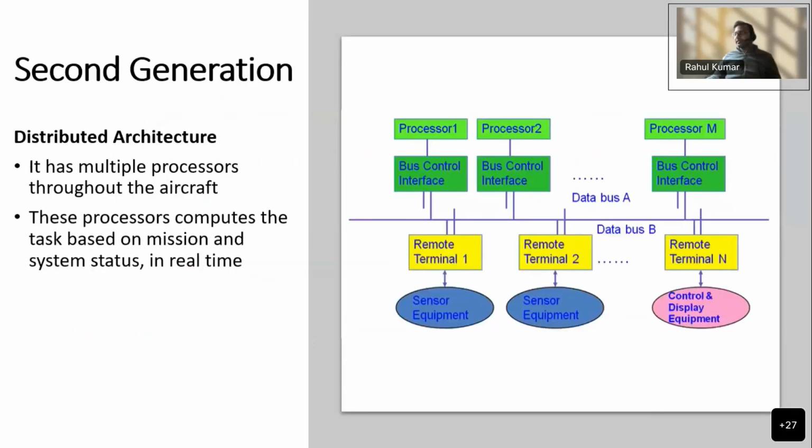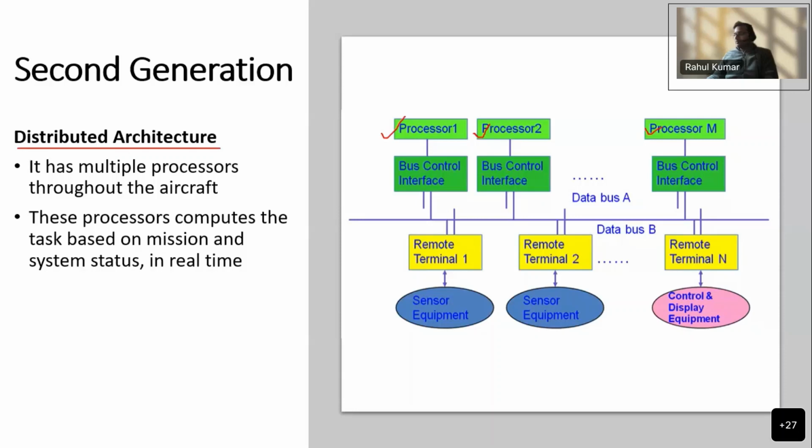So after the federated architecture, we had another architecture called the distributed architecture, right? The second generation distributed architecture uses multiple processors instead of a centralized processor.